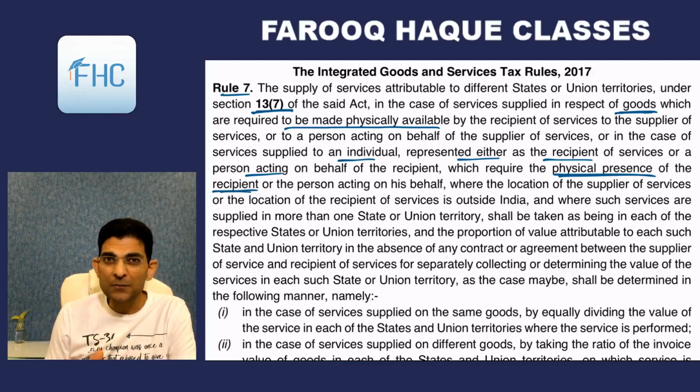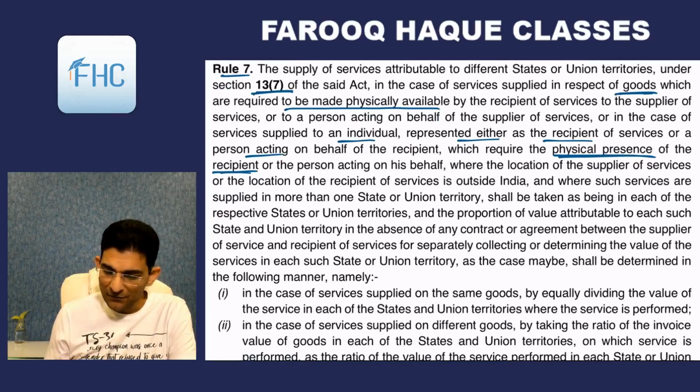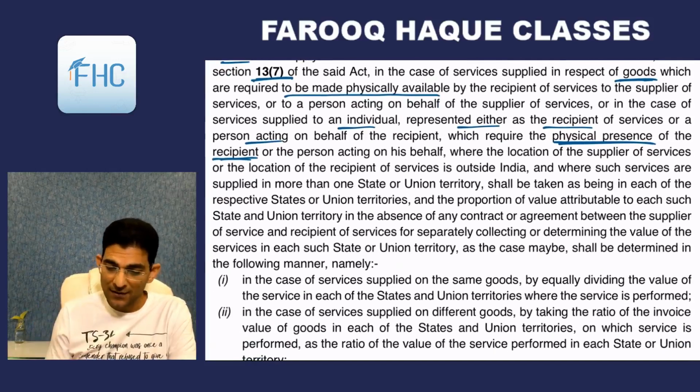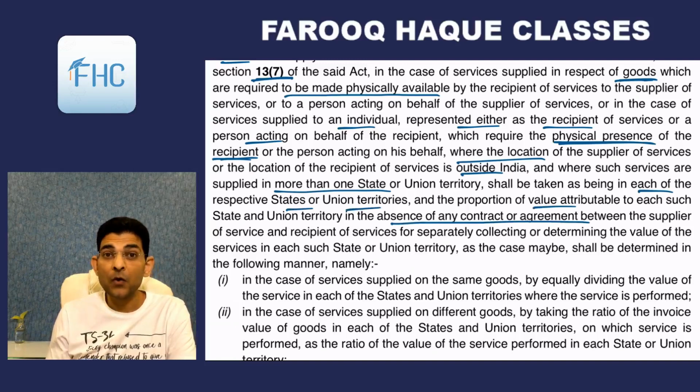So I will not go and explain all these points again because we have already seen them. We have to just see the division. So where the location of the supplier of service and the location of recipient of service is outside India, and where such service are supplied in more than one state or union territory, shall be taken as being in each of the respective states or union territories, and the proportion of value attributable to each such state or union territory in the absence of any contract or agreement.